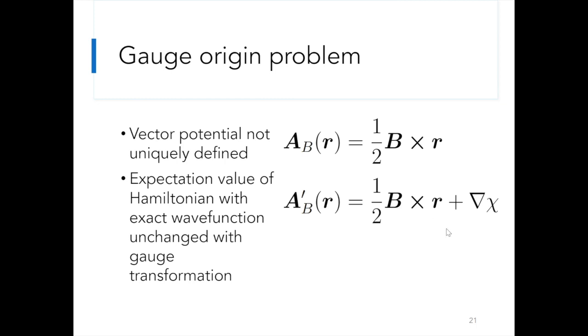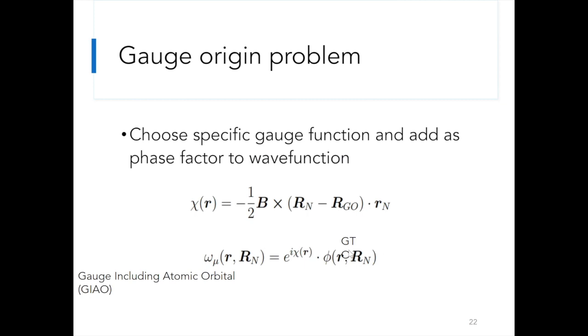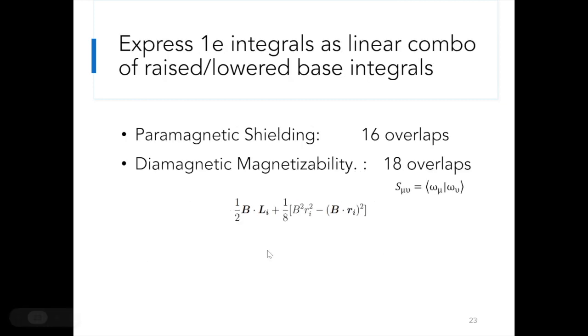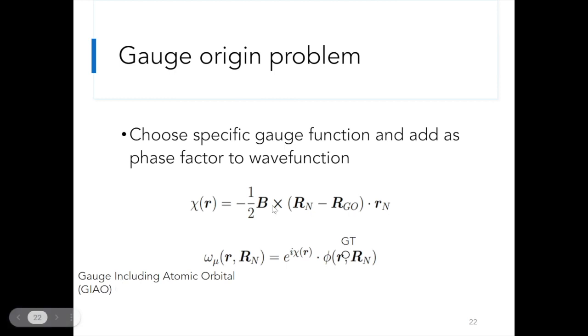So one way to tackle this is with this GIAO approach, where we explicitly account for this gauge origin dependence by appending a phase factor term to our original GTO.